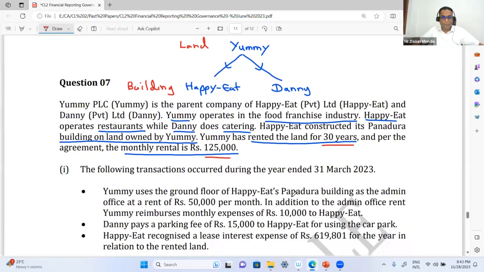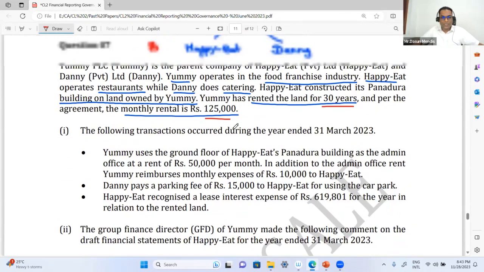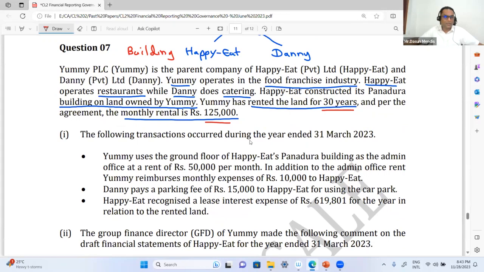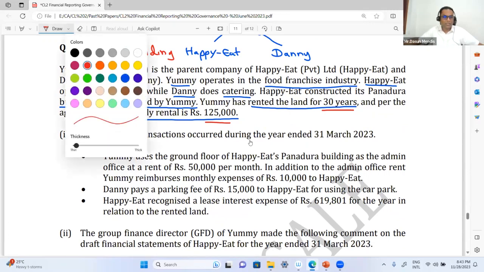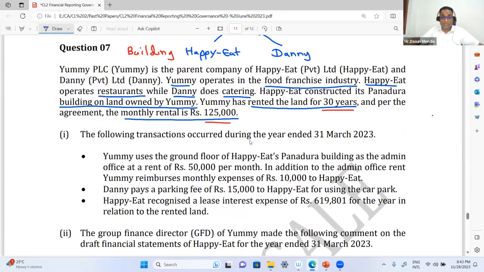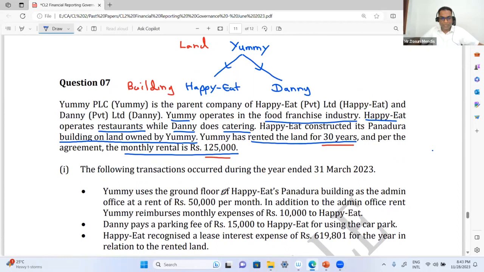Then the following transactions occurred during the year ended 31st March 2023. We have been given the other transactions. Yummo, that means the parent company, uses the ground floor of Happy Eat's building.